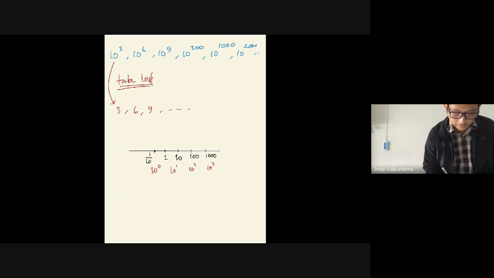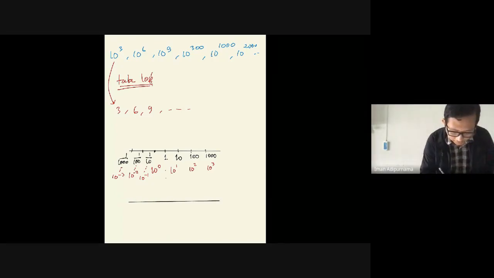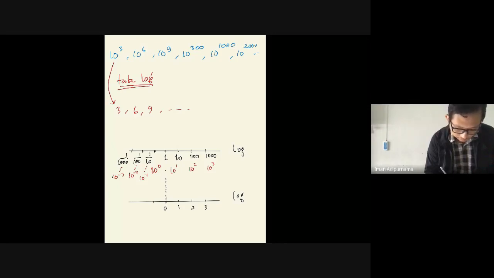This is 1 over 10, 1 over 100, and 1 over 1000. This is minus 1, minus 2, minus 3. So I can also write this in log: this is 0, this is 1, this is 2, this is 3.